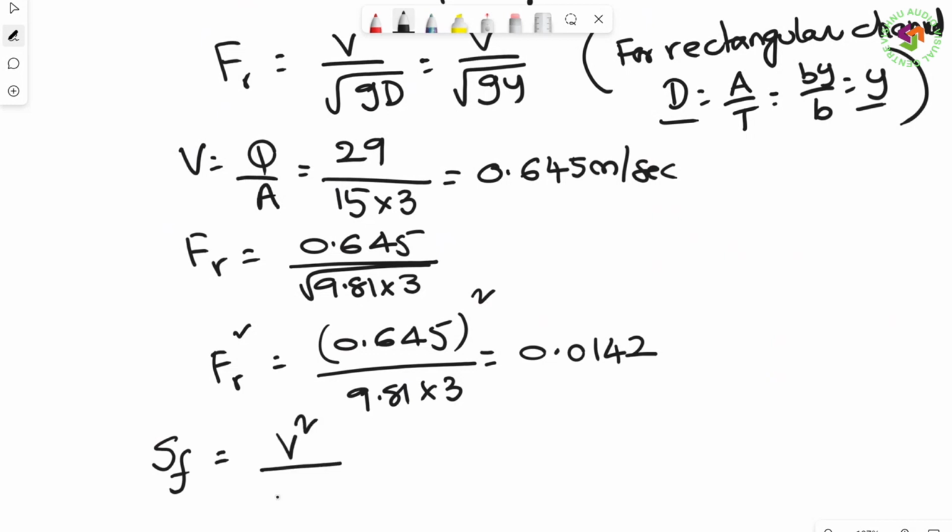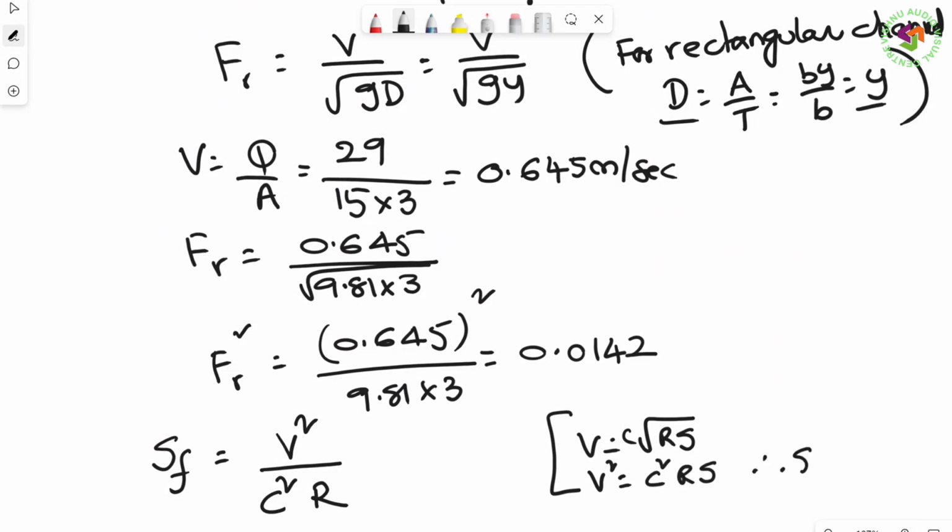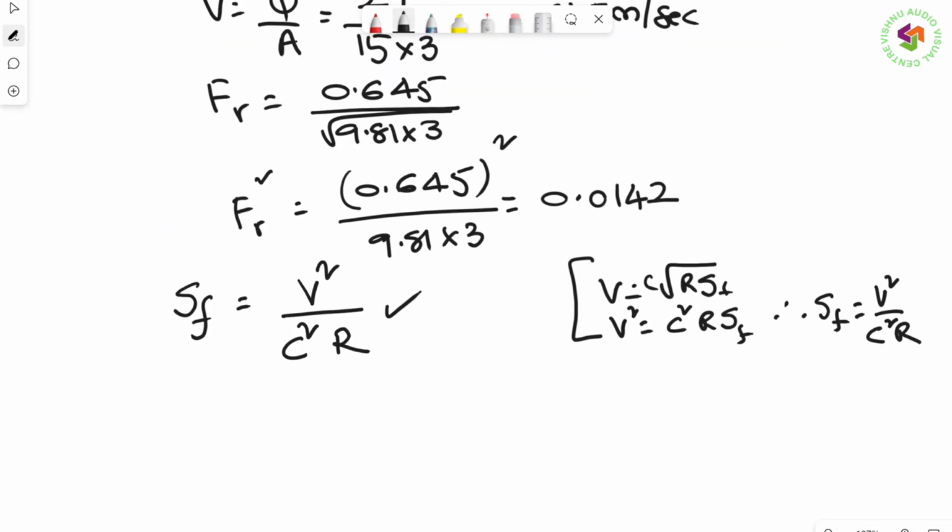Again, what is SF actually? We know V is equal to C root RS, so V square is equal to C square RS. Therefore, SF is equal to V square by C square R. Already you got V, 0.645 whole square.